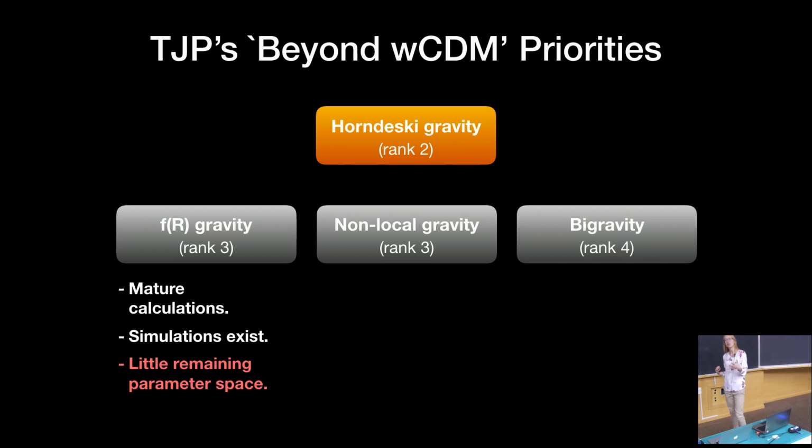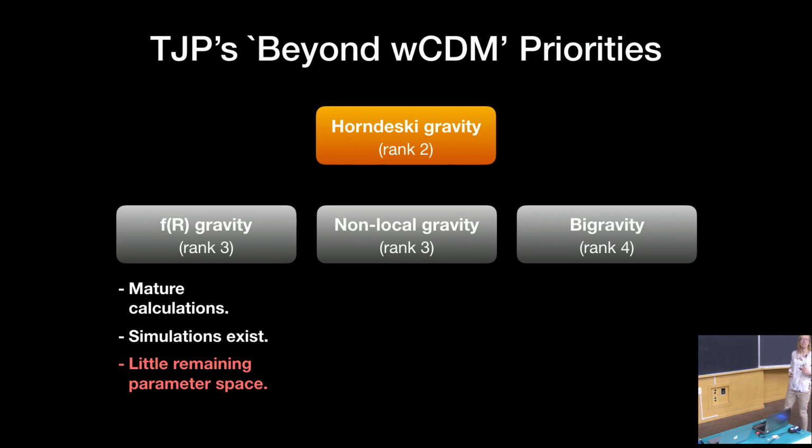It has been implemented in n-body codes. The downside is that it's been very well tested, and there doesn't seem to be many interesting parts of parameter space left. It's not looking like a good, viable alternative to lambda CDM. It made it here because it is a useful benchmark to compare other theories against, because we know so much about it.